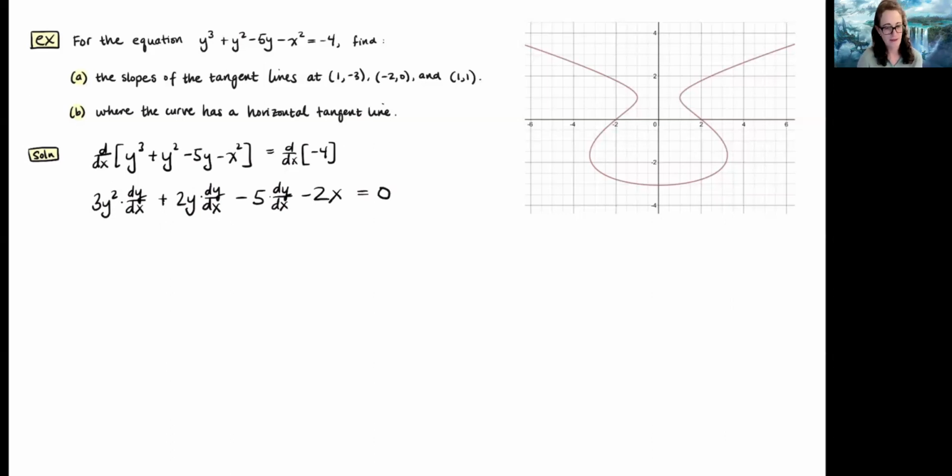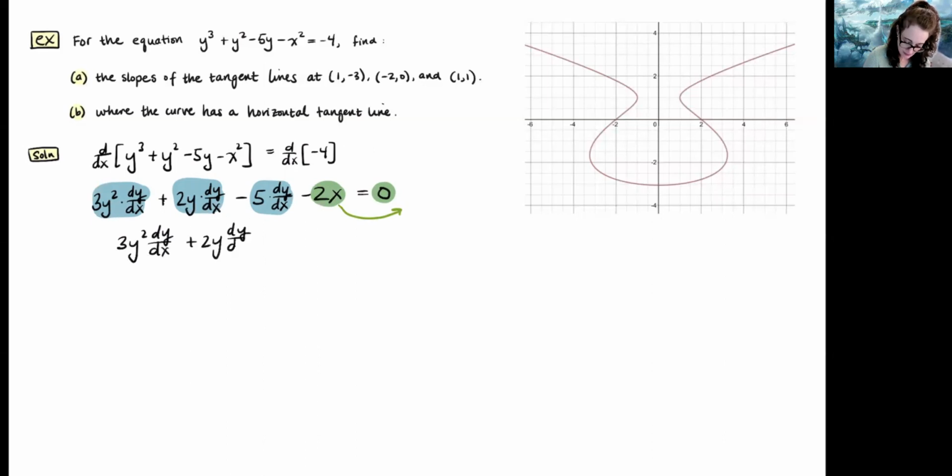It's easy to forget. So then we want to collect all the dy dx terms, these 3 terms, on one side of the equation, and the other terms on a different side. So we're going to bring this 2x over to the other side. So we'll have 3y squared dy dx plus 2y dy dx minus 5 dy dx is equal to, we'll add 2x to 0, and so it'll just be 2x.